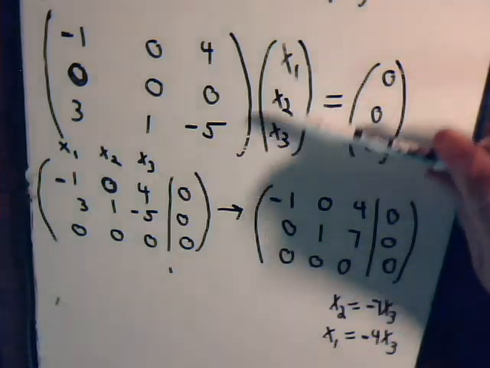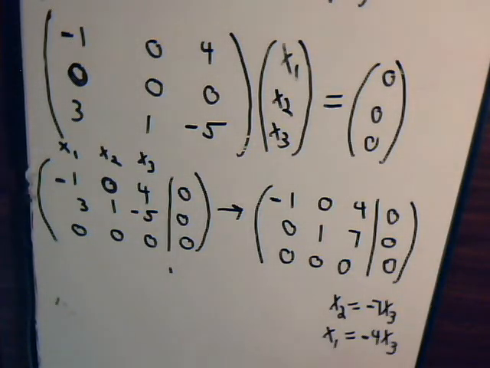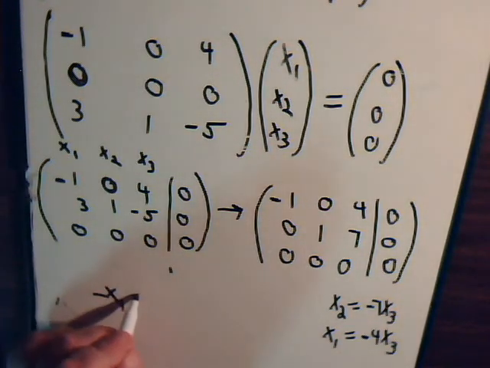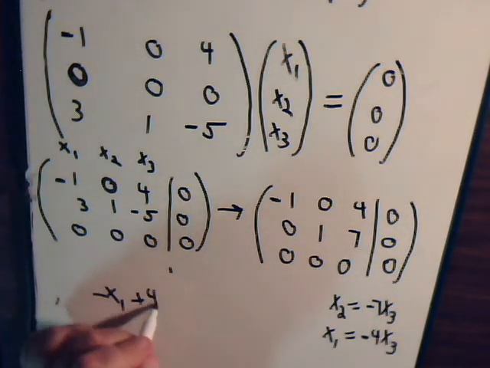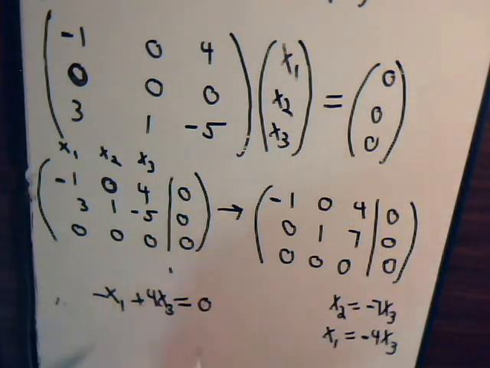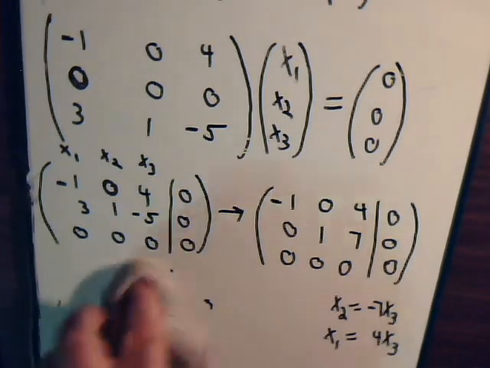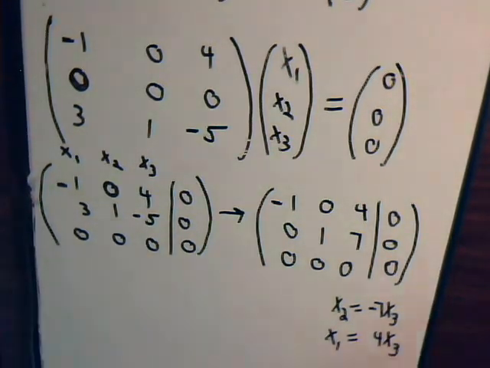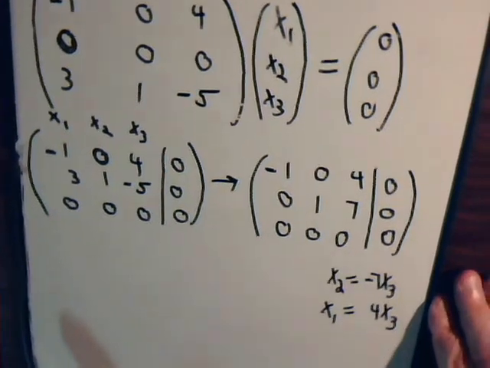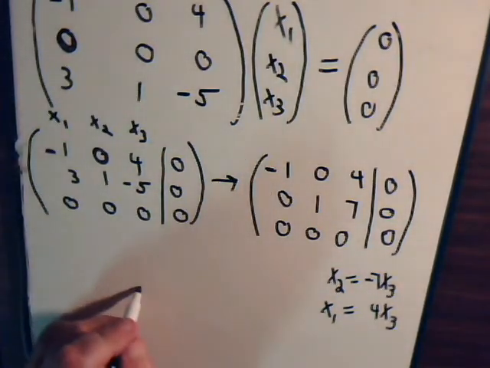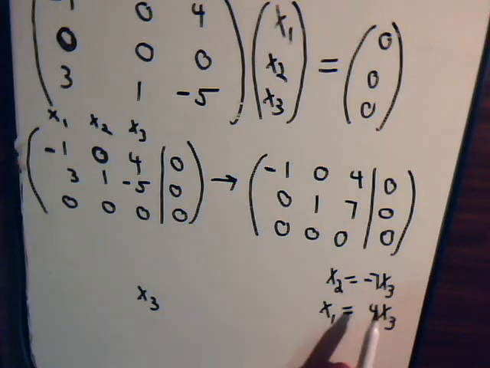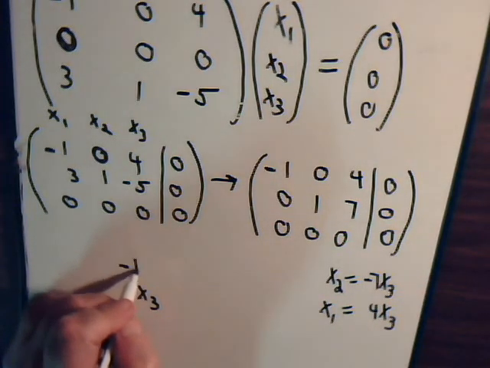So the vector here then would look like we have x3. This is minus x1, wasn't it? We have minus x1 plus 4 times x3 equals 0, so x1 should equal plus 4 times x3. Get rid of this minus sign. Okay. So the eigenvector is x3, that's the free variable. x2 is minus 7x3.